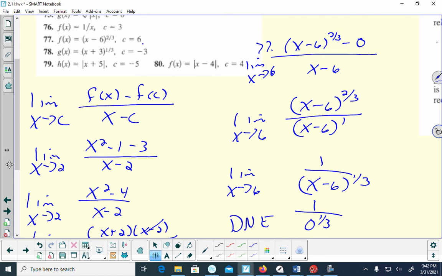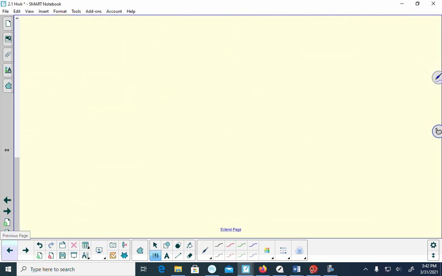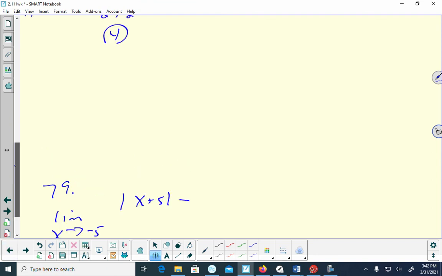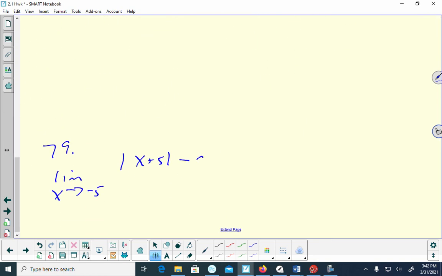I cannot find a derivative at that point. Okay, 79 is the absolute value of x plus 5 at -5. So 79, I'm going to take the limit as x approaches -5 of absolute value of x plus 5 minus, and when I put in -5 into that, that'll be 0, over x plus 5.